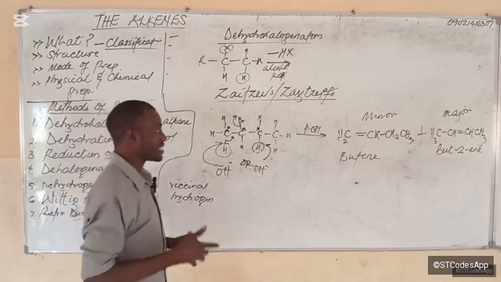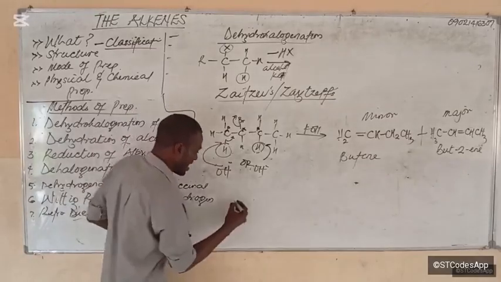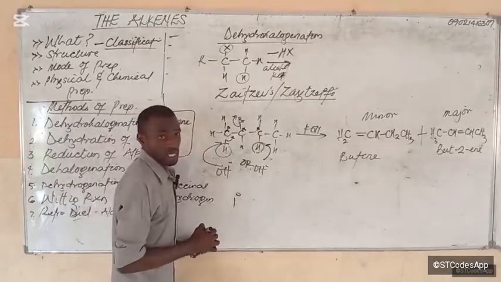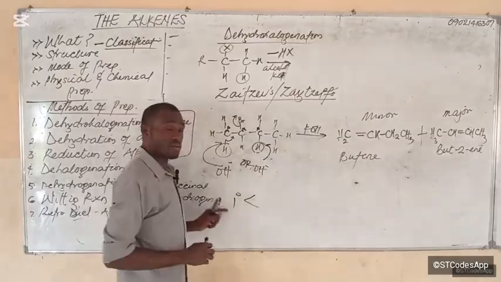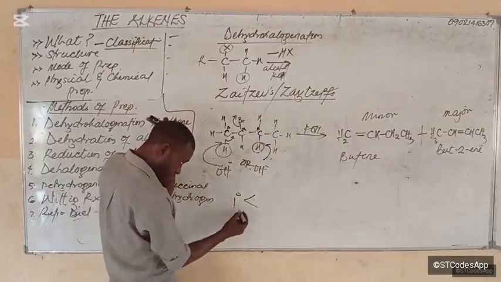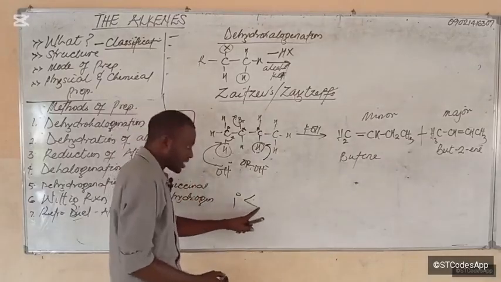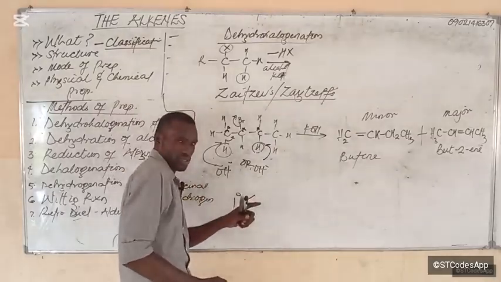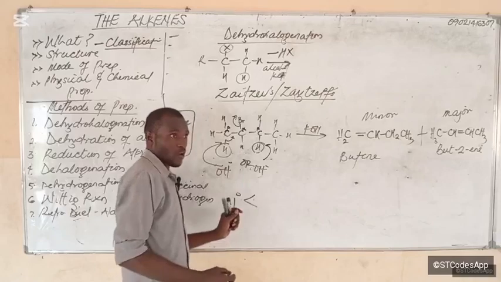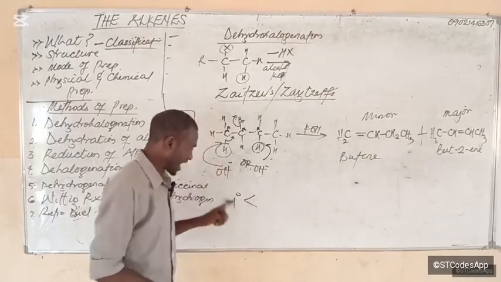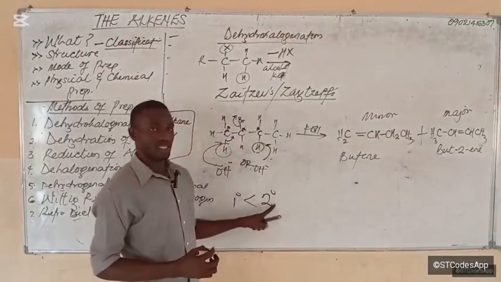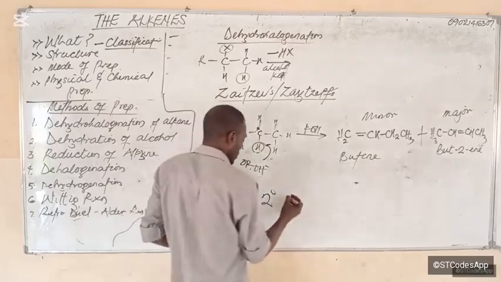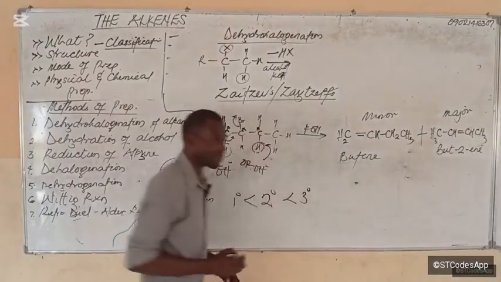So the second way to explain is that a primary carbon is unlikely to be the one on which the double bond will be formed, or from which the hydrogen will be abstracted. A primary carbon is more unlikely than a secondary carbon, and a secondary carbon is more unlikely than a tertiary carbon.